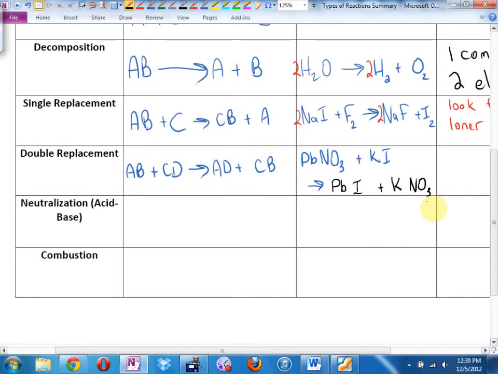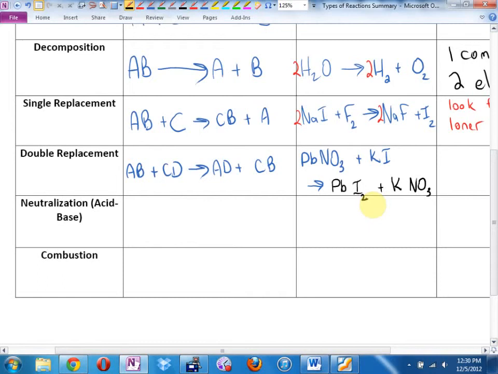What's the charge on lead? 2. What's the charge on I? So it's going to be PbI2. What's the charge on K, potassium? 1. What's the charge on NO3, nitrate or nitrite, whichever one that is? NO3 is nitrate. 1. Oh, that one is crisscrossed already.